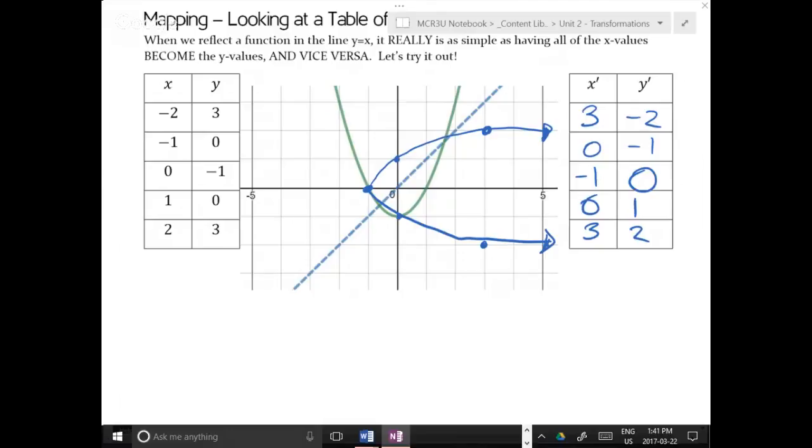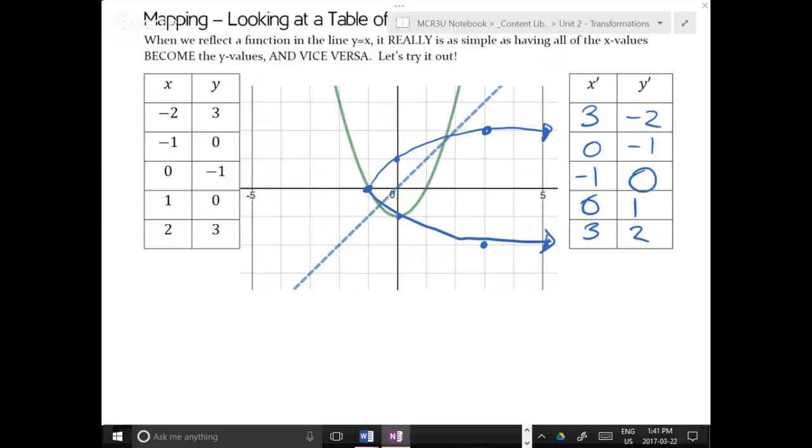Yes. The original one is. It passes the vertical line test. What about the reflection? No. Not a function. Oh, so it is possible that when we reflect something in the line y equals x, it goes from being a function to being not a function.